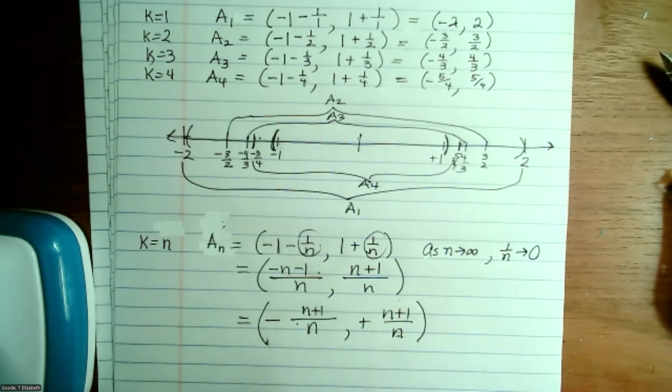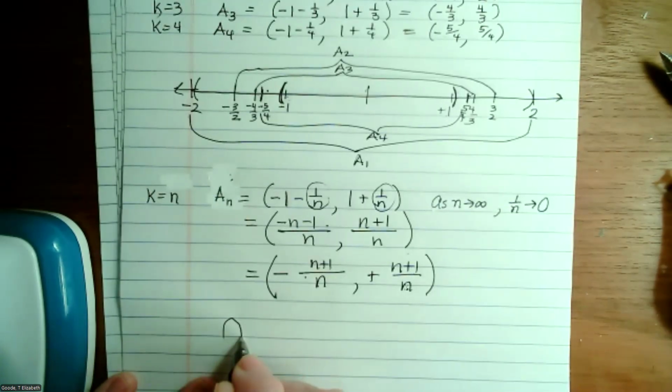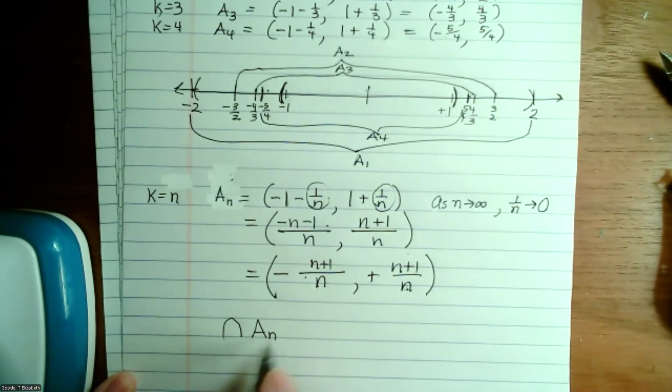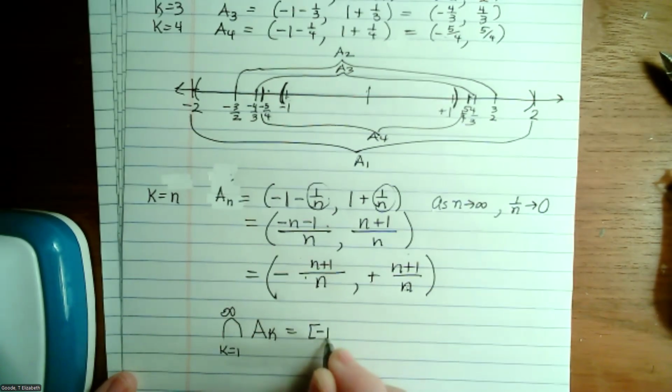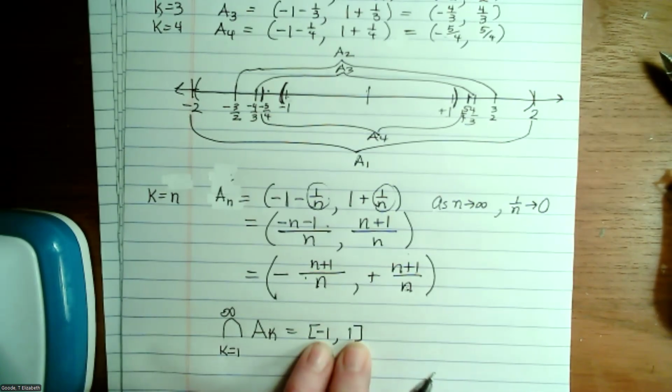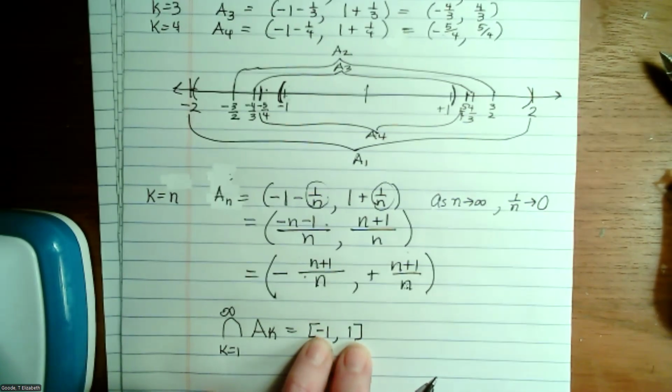So the -1 is actually still included in the intersection. I guess I should put K. But you're guaranteed -1 will be in all of them. You're guaranteed 1 will be in all of them.